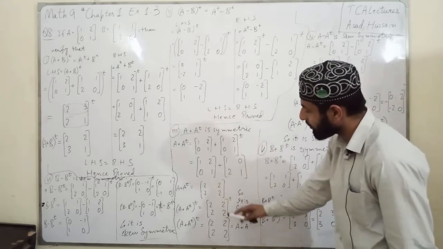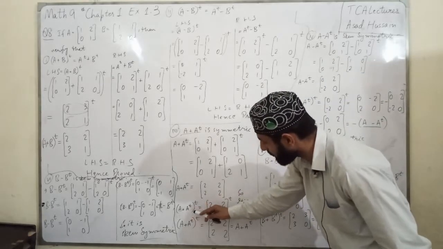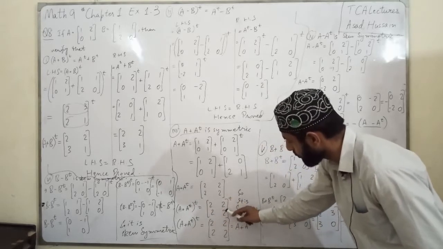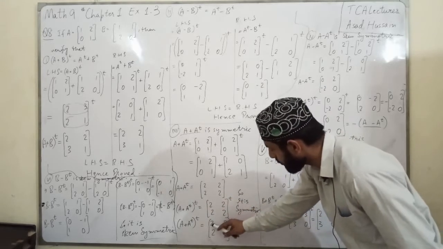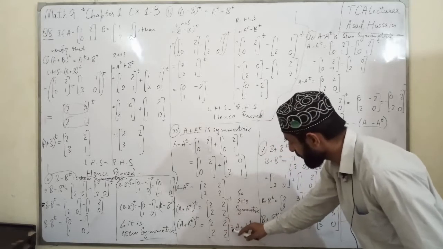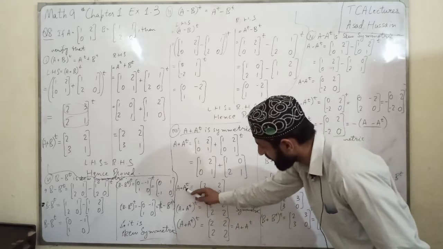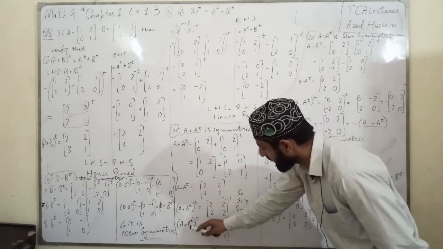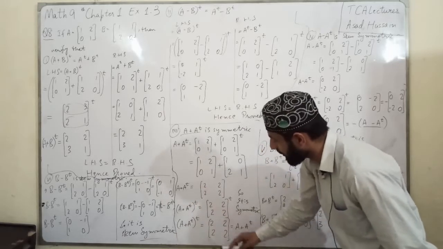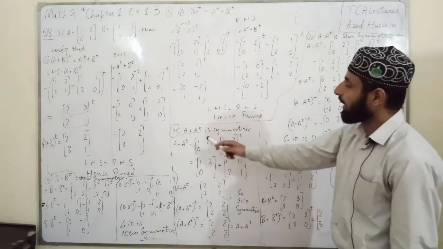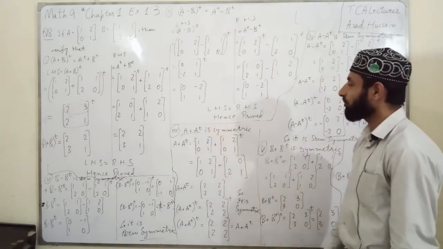Now taking the transpose of this matrix, (A plus A transpose) whole transpose is equal to [2 2; 2 2] transpose, which is equal to [2 2; 2 2], which is also equal to our starting matrix A plus A transpose. So we can say that A plus A transpose is symmetric.